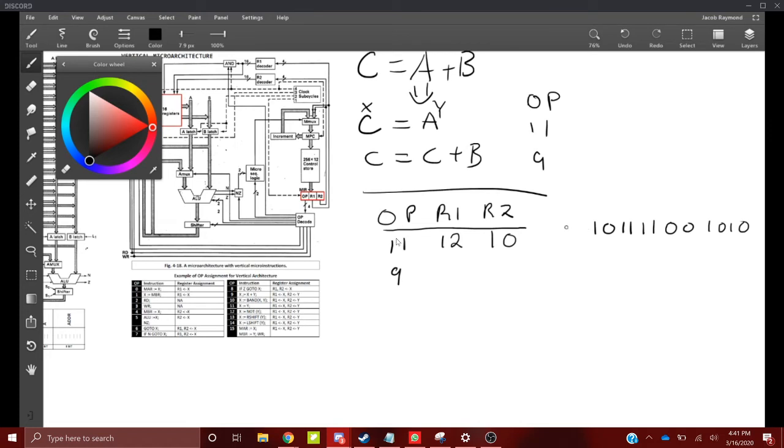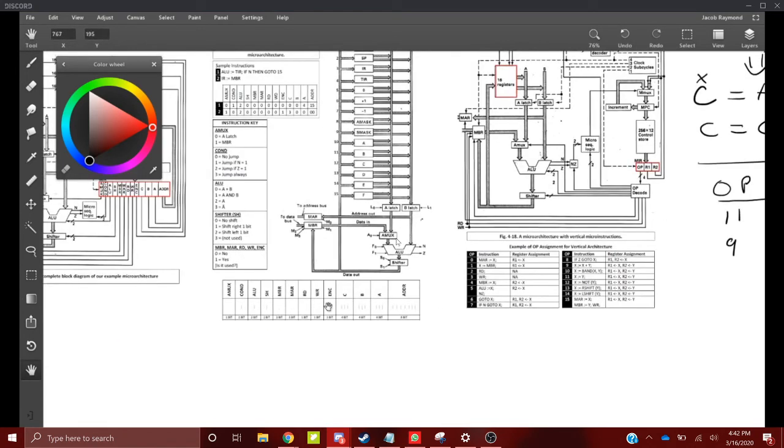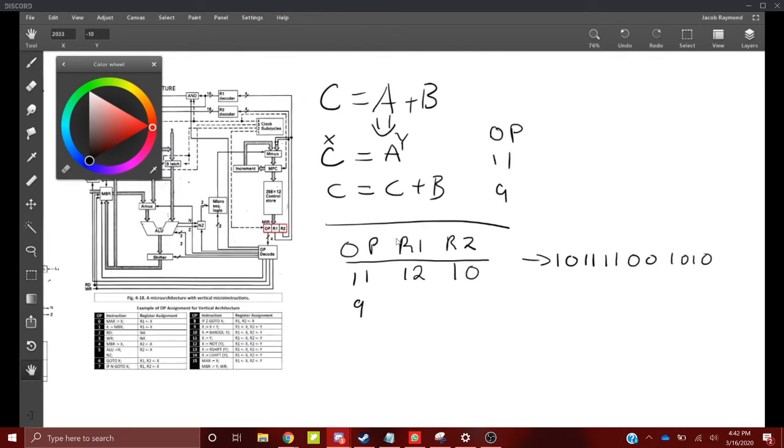So here, this binary number represents the operation C equals A. And so this is the cliche where you're programming in binary. At the machine code level, you specify all instructions in binary, and then it gets broken apart specifically into either op R1, R2, or maybe the horizontal architecture where you're controlling each of these separate control lines.